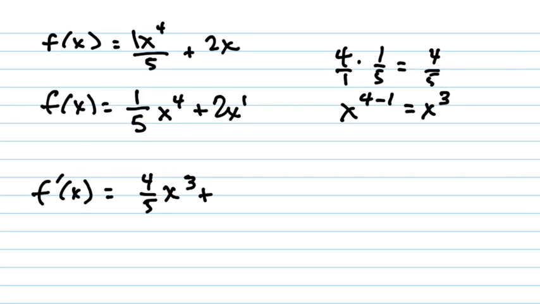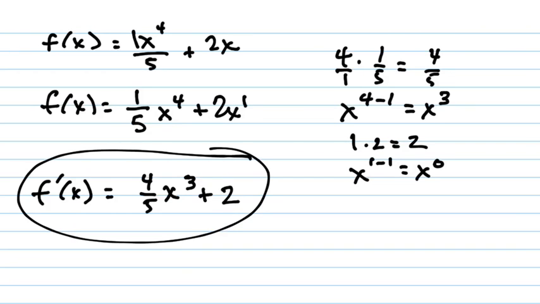Plus, the exponent there is 1. 1 times 2 is 2, and x to the 1 minus 1 is x to the 0. In other words, it turns into a 1. Looking better? So then the other one is 1.